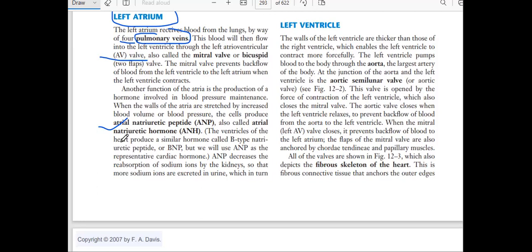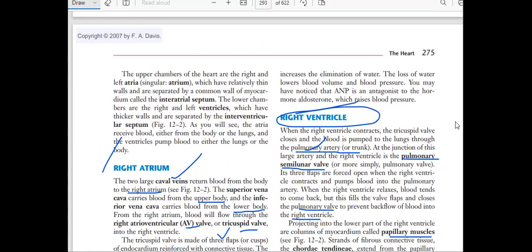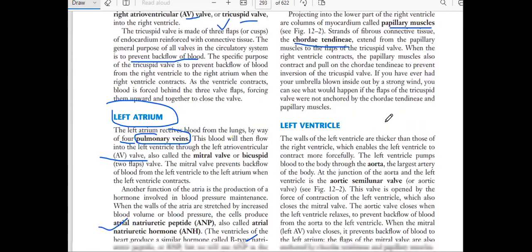The ventricles of the heart produce a similar hormone called B-type natriuretic peptide, or BNP, but we'll use ANP as the representative cardiac hormone. ANP decreases the reabsorption of sodium ions by the kidneys so that more sodium ions are excreted in urine, which in turn increases the elimination of water. The loss of water lowers blood volume and blood pressure. You may have noticed that ANP is an antagonist to the hormone aldosterone, which raises blood pressure.